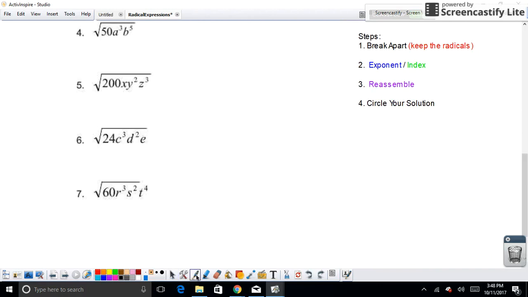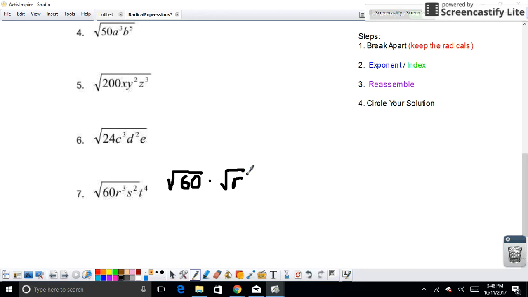So again, step 1, let's break this whole thing apart and see what can be canceled out, what can come outside of the radical, and what needs to stay in. So step 1, break it apart. So we've got radical 60, or square root 60, same thing. Sometimes I say square root 60, sometimes I say radical 60, same thing. Times r to the third power, which gets a radical.